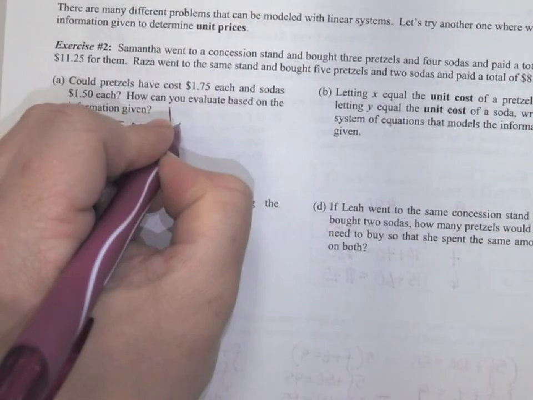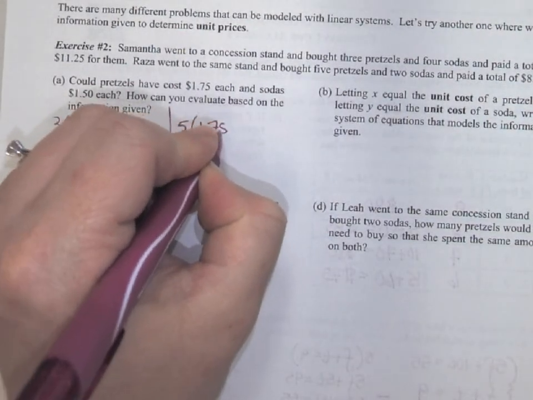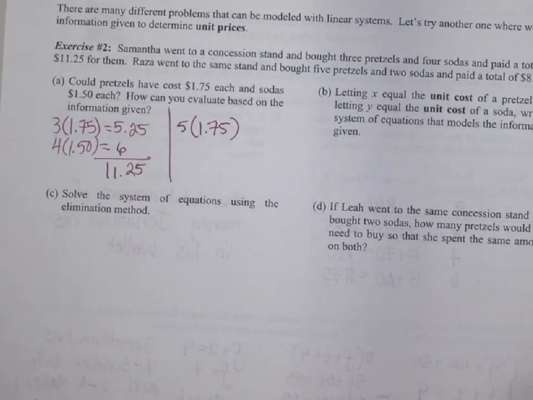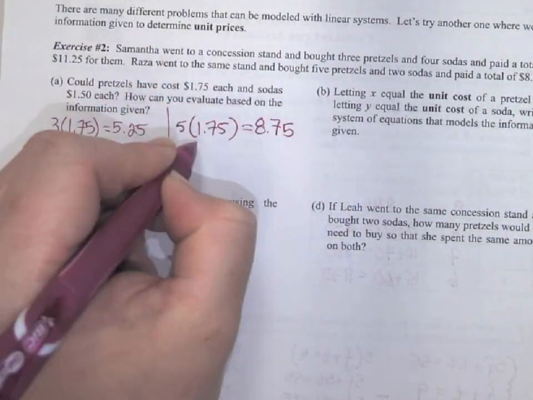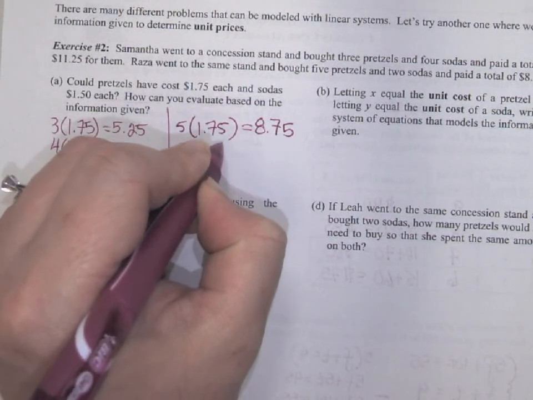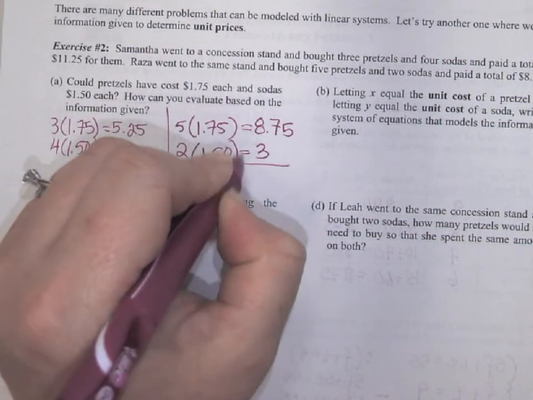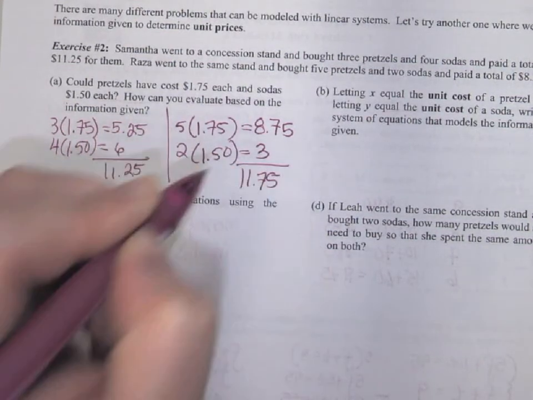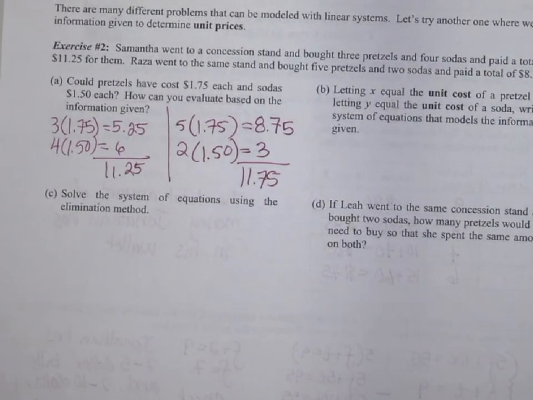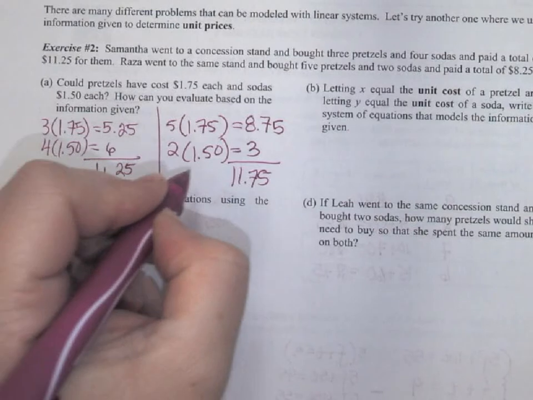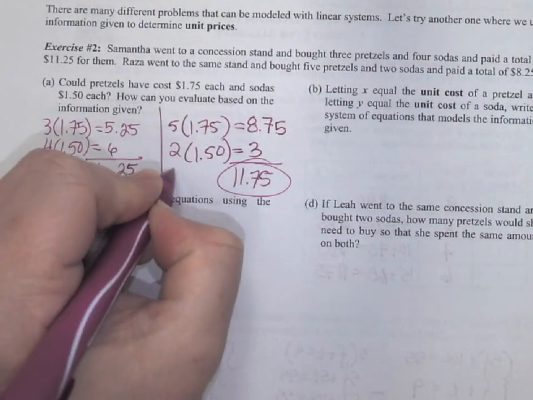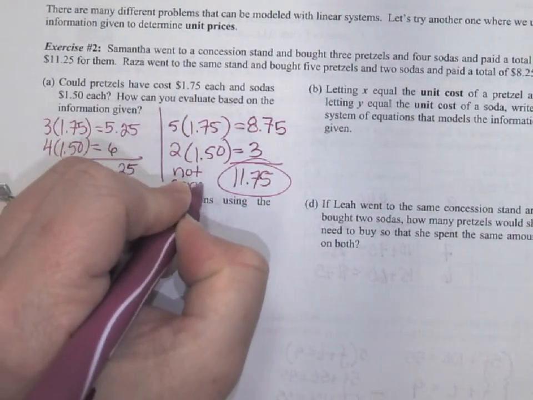And then 5 pretzels times $1.75 is $8.75, and then 2 sodas is 3, which is $11.75. So that does not work. This cannot be the price of each one, right? Because this is not correct. So those are not the right prices.